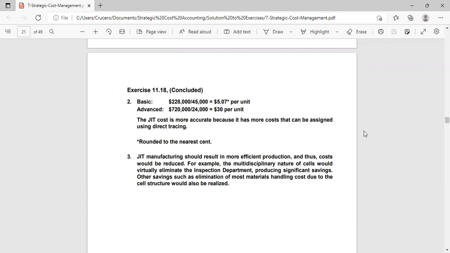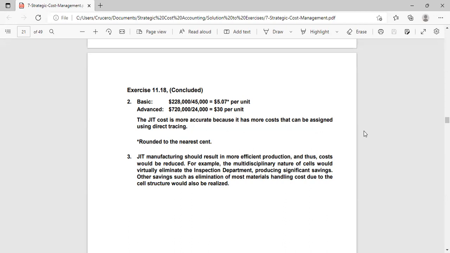And for the advanced, 720,000 divided by 24,000. So that's for a total of 69,000. That's already the JIT cost is more accurate because it has more cost that can be assigned using direct tracing.